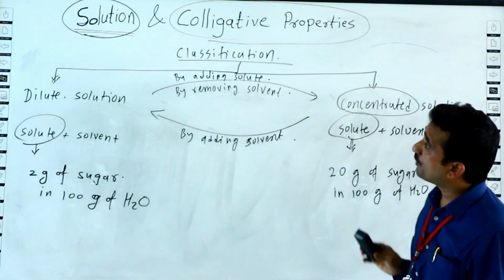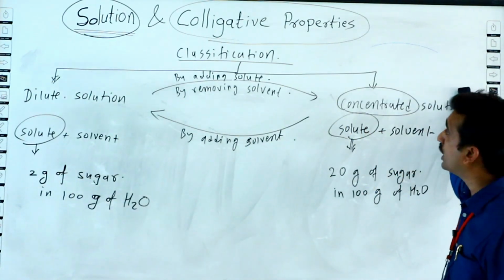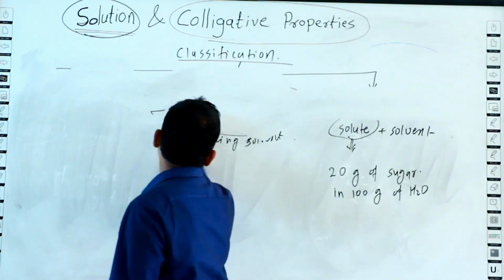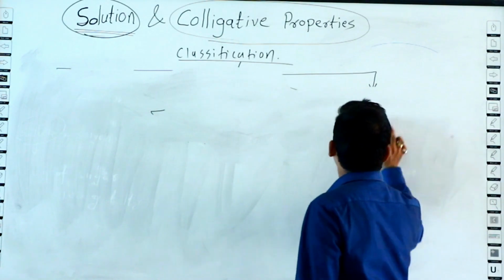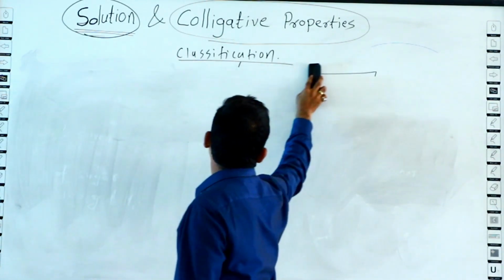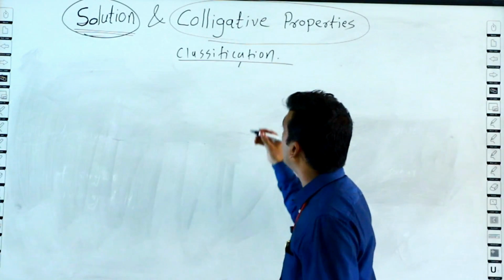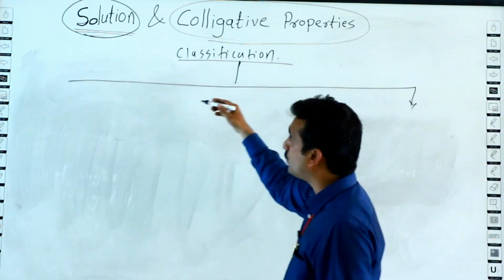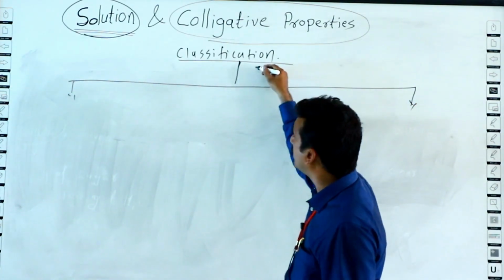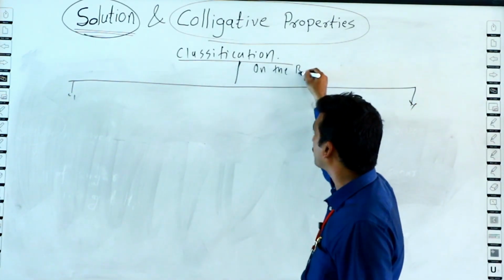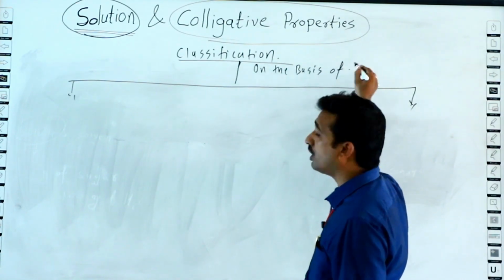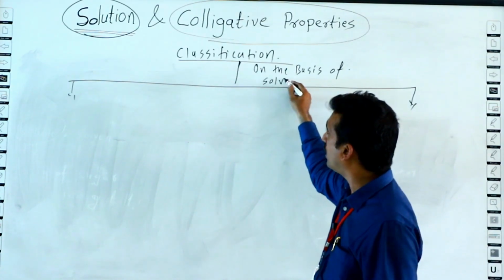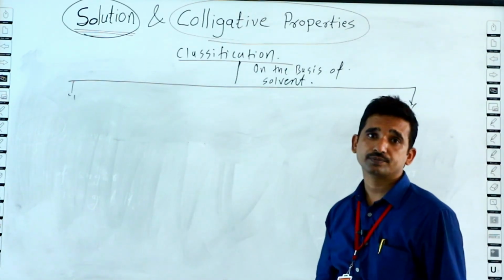So here, after the classification on the basis of amount of concentration, if it is a dilute or concentrated, the next way of classification is on the basis of solvent.